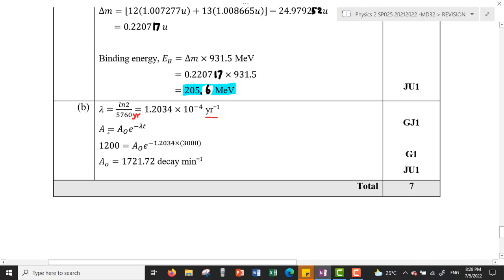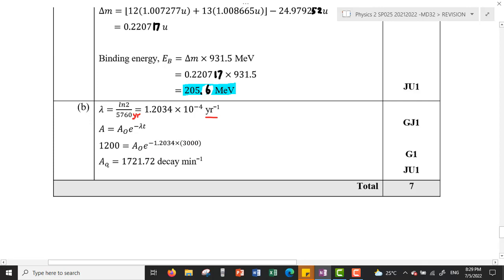Okay, so lepas tu kita akan gunakan equation A is A naught e to the power of negative lambda t. So sekarang the activities is 1200, so we want to find 3000 years ago. Ago means initial lah, sebelum tu. So sebelum adalah initial, so kita nak cari A naught, so decay constant 1.2034 multiplied with the 3000 years.